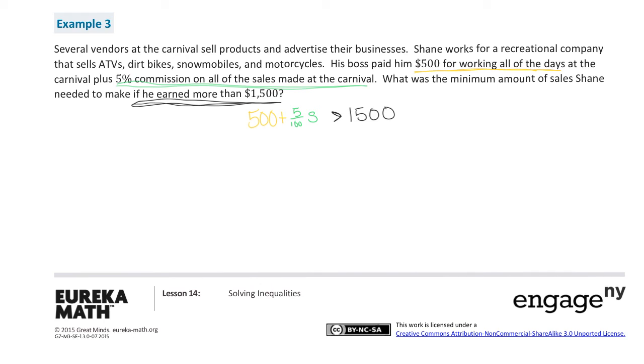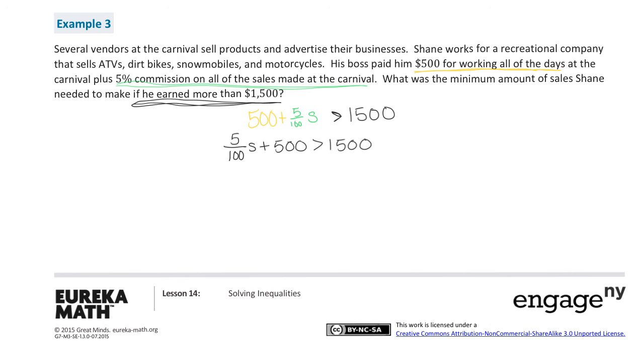So now, normally you do not have to do this, but I'm going to rewrite out this problem. I'm going to have my commission first. So I'm going to have 5 over 100 S plus 500 is greater than 1,500. To know the amount of sales that he made, we need to get S by itself.